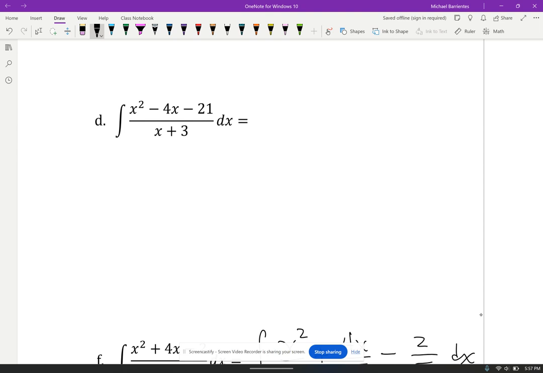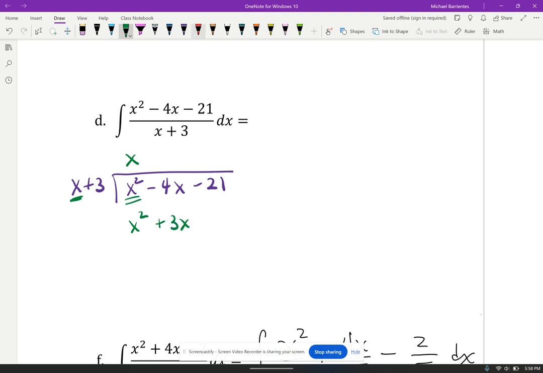And so the question is, what is x squared minus 4x minus 21 divided by x plus 3? So I'm going to take x plus 3, and I'm going to actually do long division for this problem. All right, so we ask ourselves, what times x would give me x squared? Well, that would be x, right? x times x would give me x squared. But x times 3 would give me 3x.